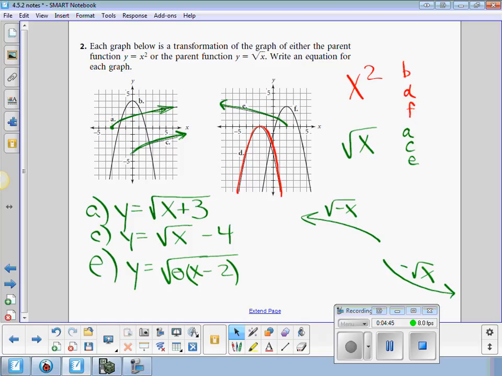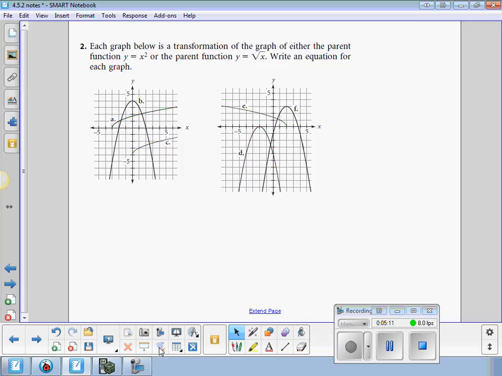Square root of negative, parentheses, x minus 2. That'll fix it. Or switch the minus 2 to a plus 2, and it'll shift it the right way. It's because of this intertwining of reflecting and shifting that you need those parentheses. Good? All right. Let's just continue down this path and finish the problem.